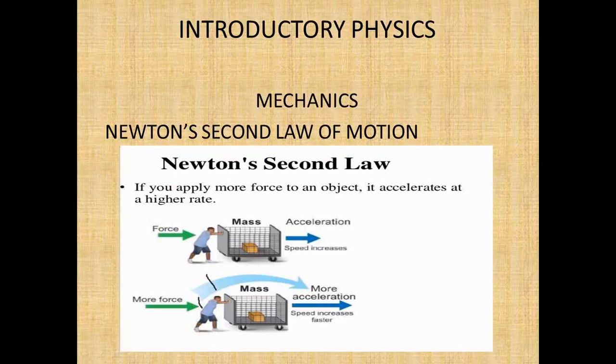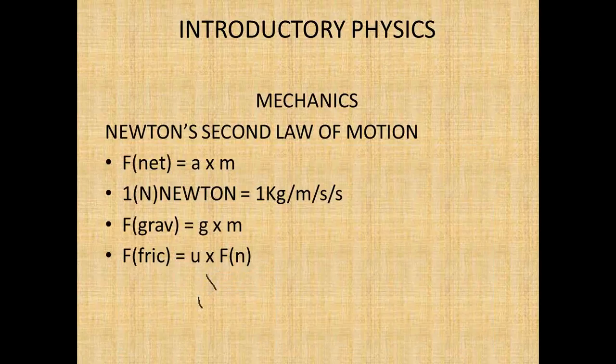Very important. And so if you push this object with a certain amount of force, it's going to have a certain acceleration. If you use a larger force, you're going to get more acceleration. The speed is going to increase faster. Okay? So the greater the net force, the greater the acceleration.